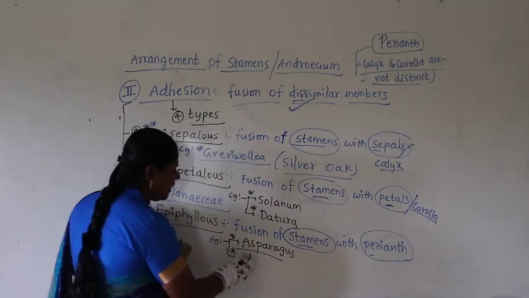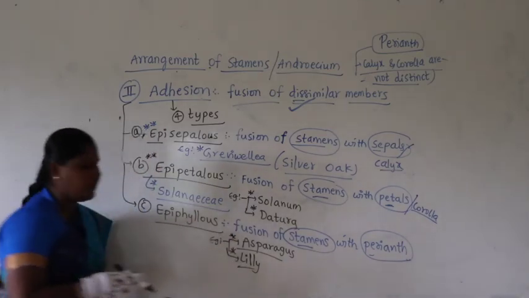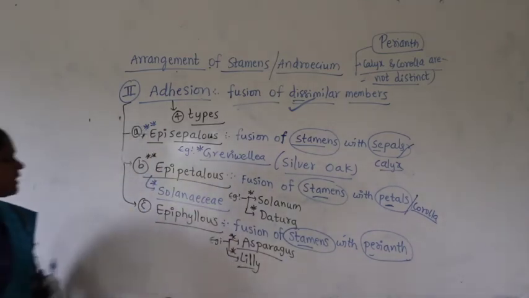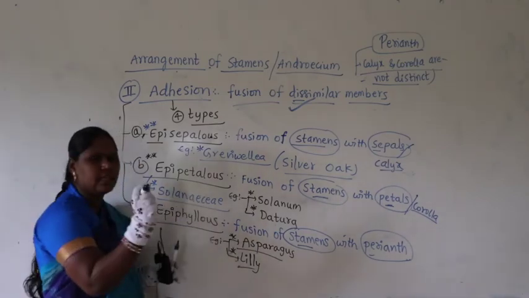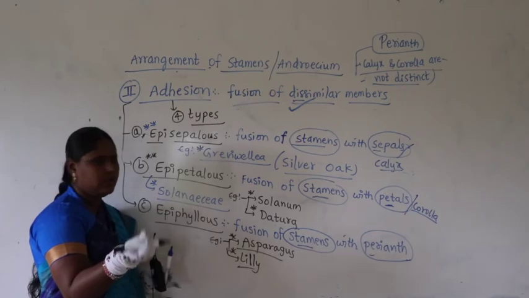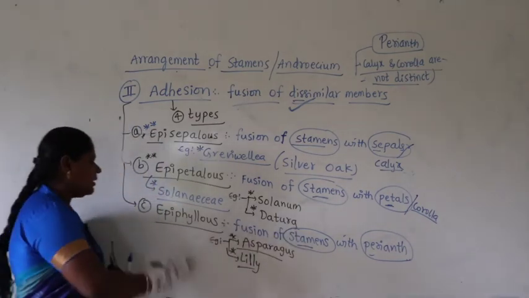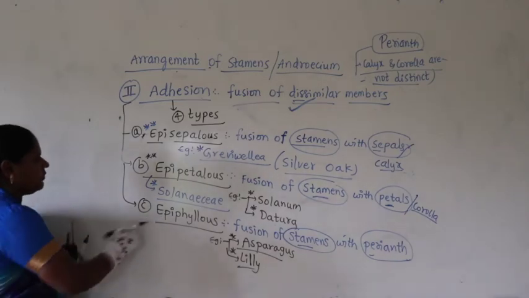Generally, perianth means you have to imagine a lily flower. In a lily flower, calyx and corolla look white, the same color. You cannot differentiate which is calyx and which is corolla. That is why we call it perianth. Now, perianth is joined and fused with stamens and the condition is called epiphyllous.